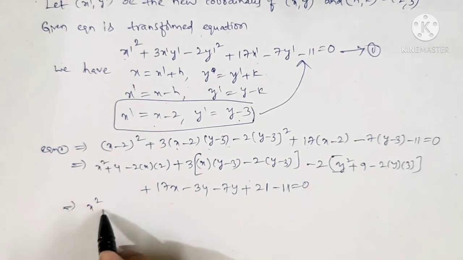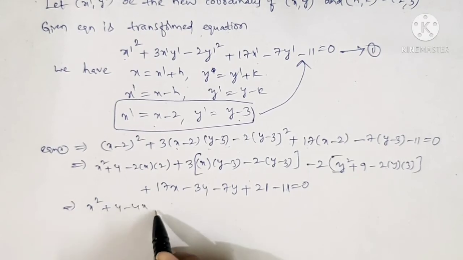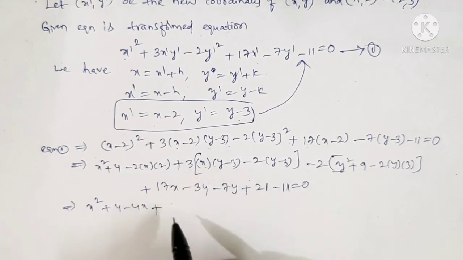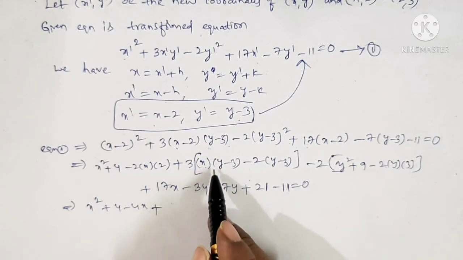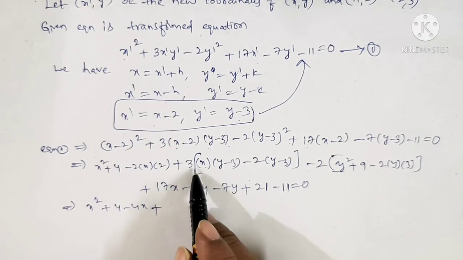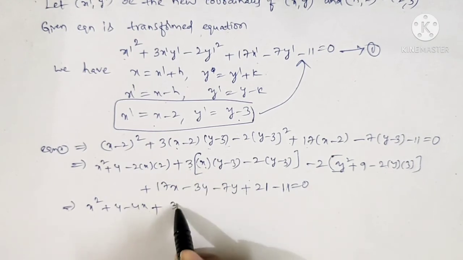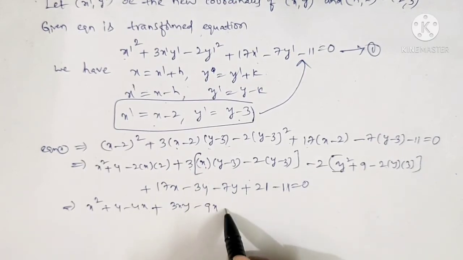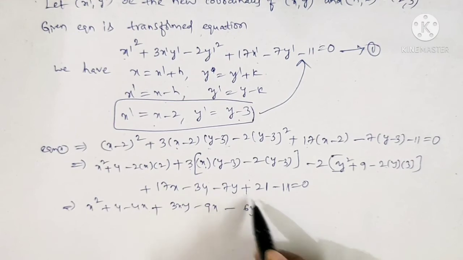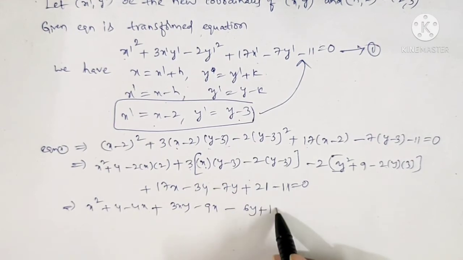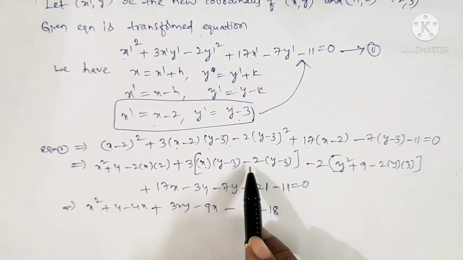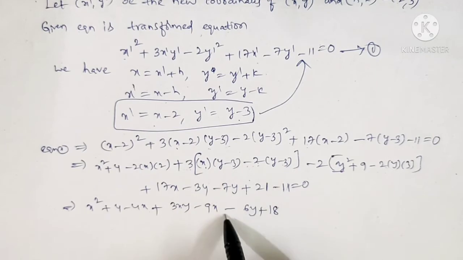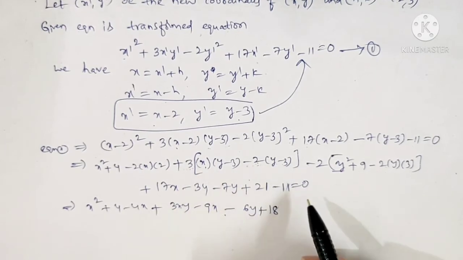Now you have to simplify this equation. x square plus 4 minus 4x, plus, multiplying with 3 also, 3xy minus 9x, plus 6y, plus 18.